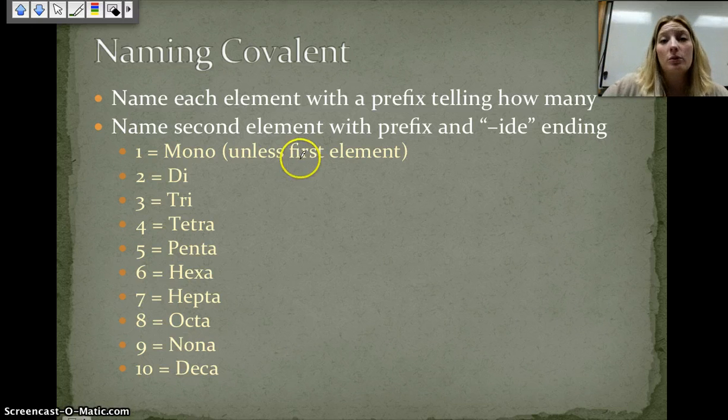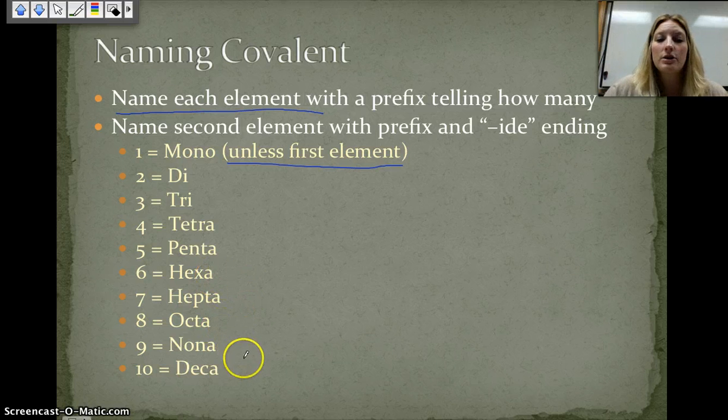So here are your naming rules for covalent compounds. The first part is to name each element with a prefix telling how many there are. So if there's only one of them, you would use mono, unless it's the first element. Then we just assume one if there's one. 2 is di, 3 tri, 4 tetra, penta, hexa, hepta, octa, nona, deca.